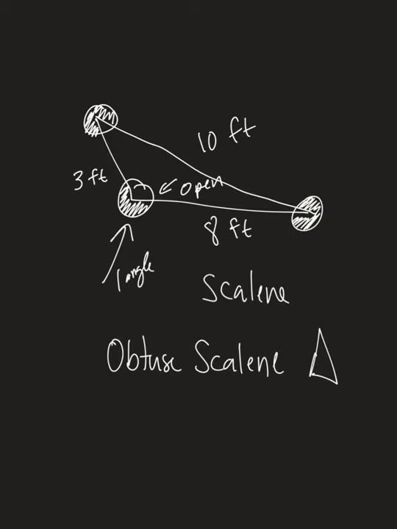Now I can go over different combinations of tons of these, but you get the gist of it. You got to come up with two names based upon their angles and sides, and then obviously the last name is triangle. We'll do one more example, and then I'm going to start talking about angles inside.